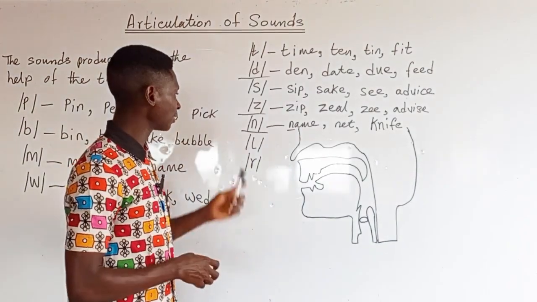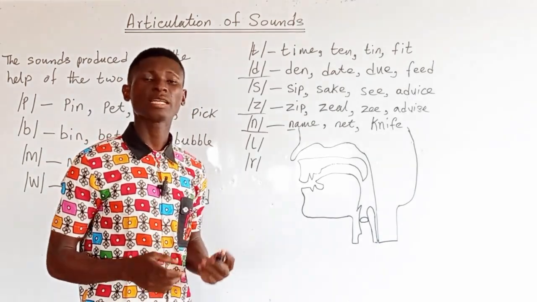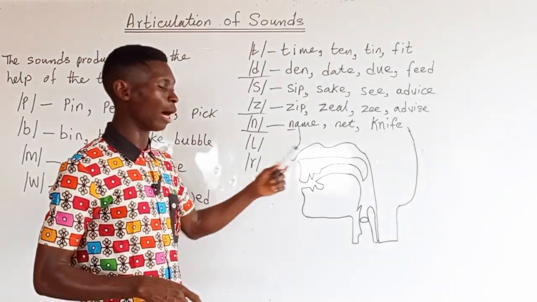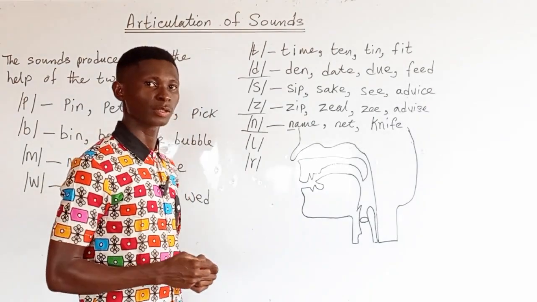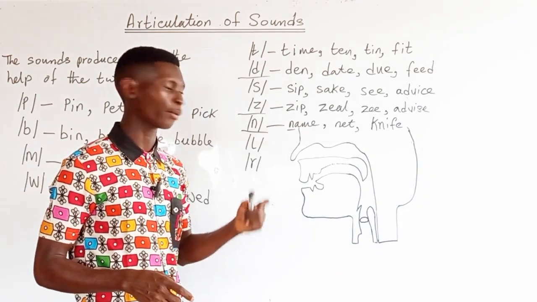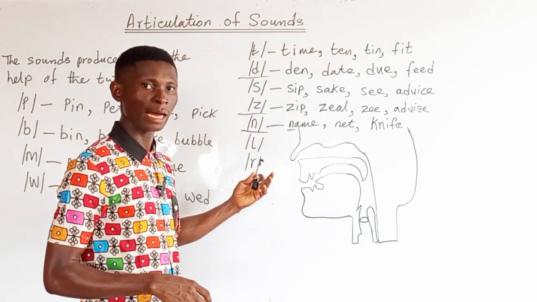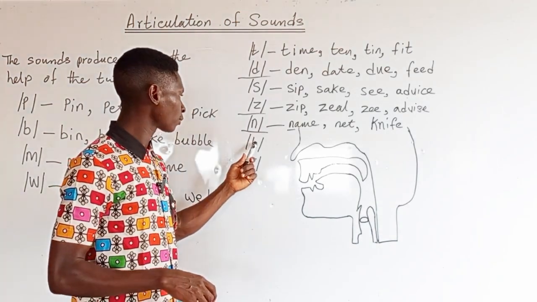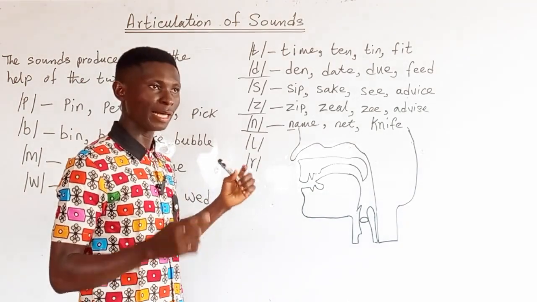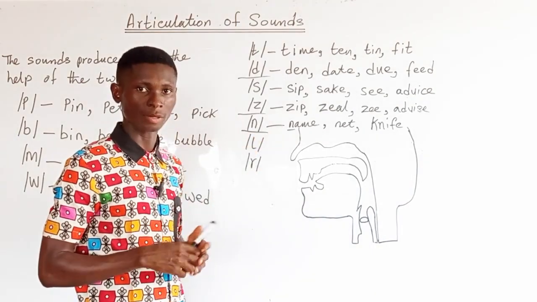That is because to say these two sounds, the tip of your tongue must equally be on your alveolar root. So you say, and then here your tongue will roll on the alveolar root. Then this one, the air will pass through the side of the tongue, while the tip of your tongue will be on the alveolar root.